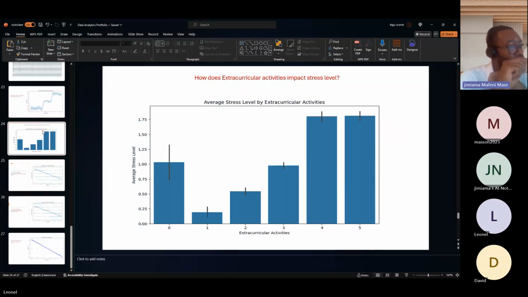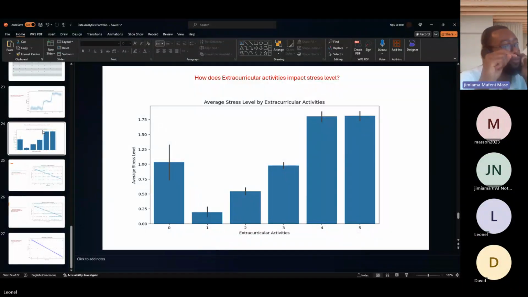The first hypothesis you want to create here is, is there a statistical difference between the average stress level with two extracurricular activities compared to the average stress level, first, is there a significant difference between the average stress level for zero extracurricular activity compared to three extracurricular activities?